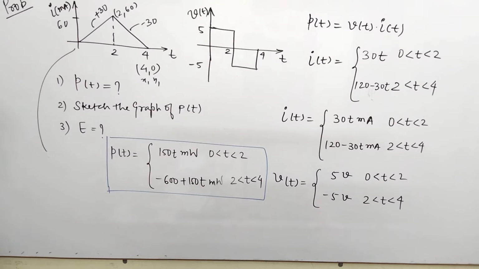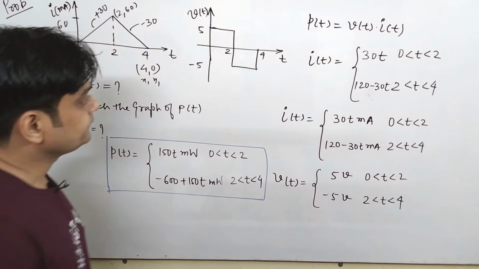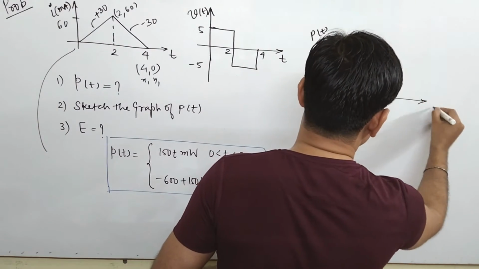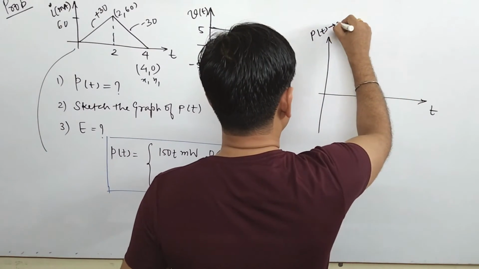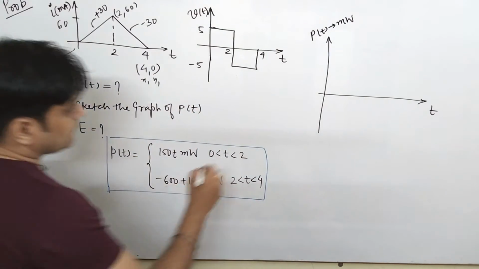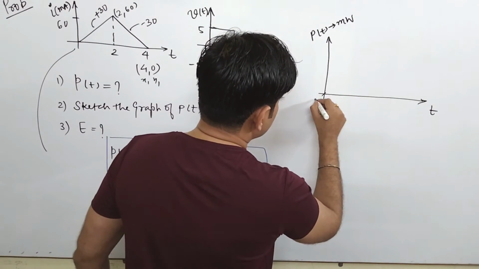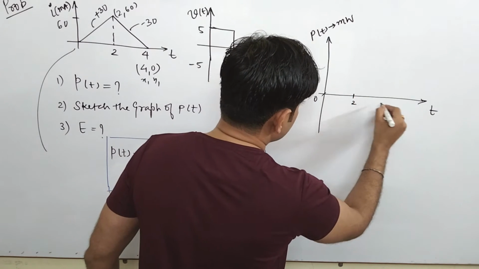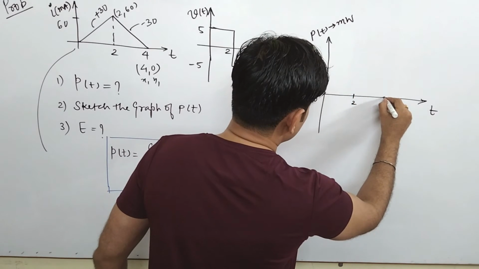Now the next task is to draw P(t). Now we will see how we draw it. This is P(t) in milliwatt. First of all, this is 0, this is 2, this is 4.